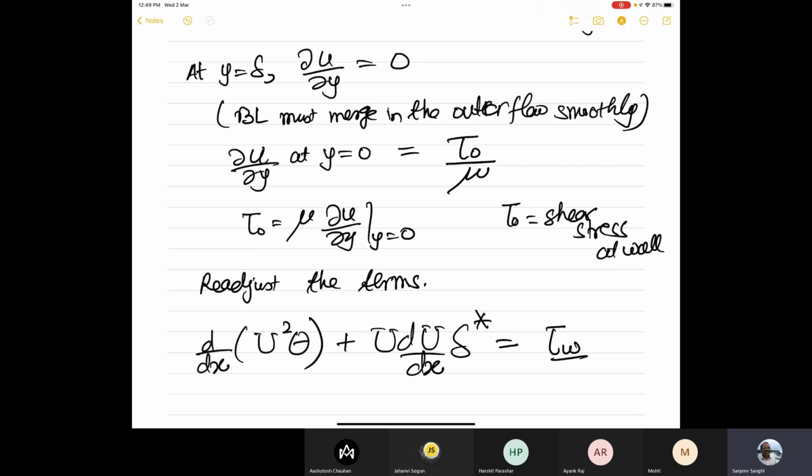So instead of tau 0, let's call it tau wall.